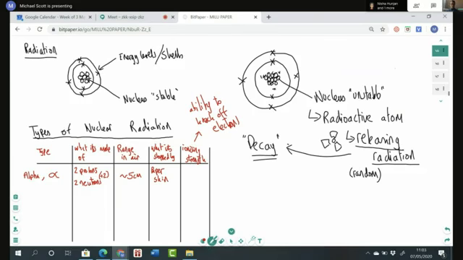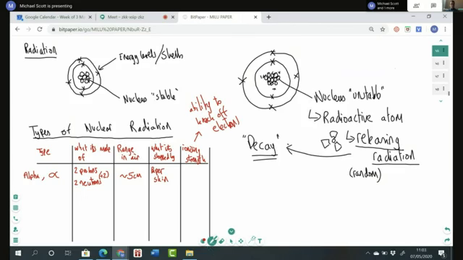To the average person, this doesn't sound like a problem, but this can wreak havoc inside of the body. If we start talking about knocking electrons off of the atoms that make up DNA, this can lead to mutations. It can lead to cancers, and so on.